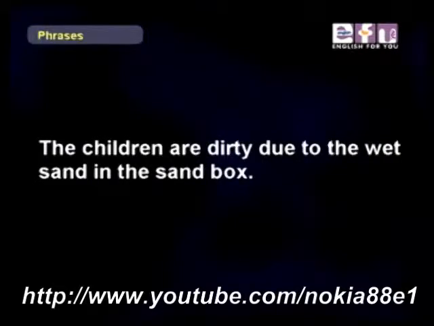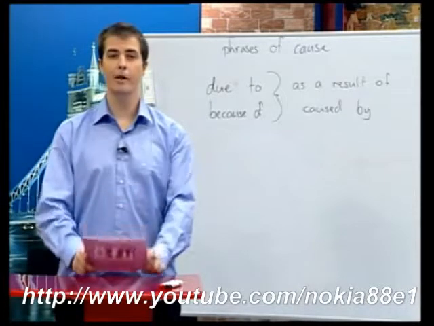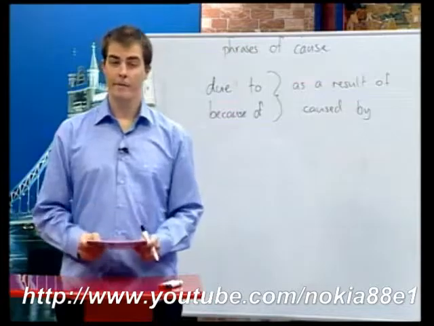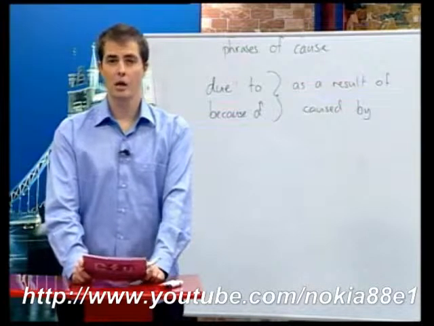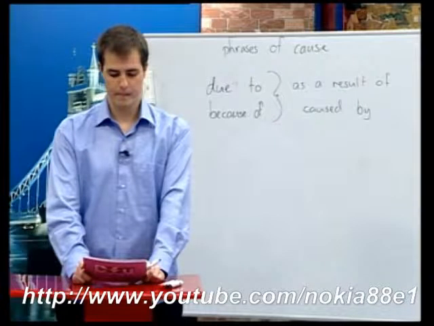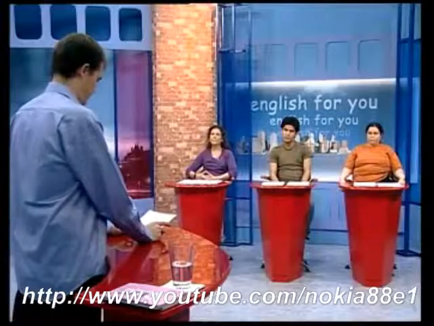In the fourth sentence, the children are dirty as a result of the wet sand. In these sentences, the prepositions are followed by phrases. When a phrase begins a sentence, a comma is used usually after the phrase. Let's practice. This should be easy because you all know because.